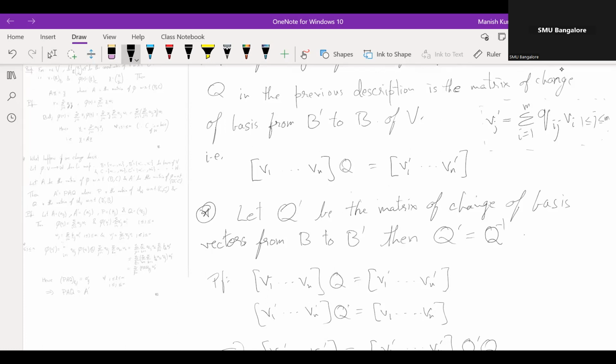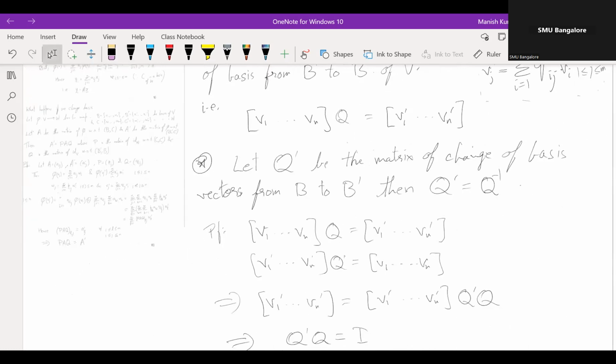If you do the other way, instead of going from B prime to B, you go from B to B prime, then Q prime is actually the inverse of Q. So the change of basis matrix from B to B prime is the inverse of the change of basis matrix from B prime to B, which of course intuitively is clear. Yeah, this is what should happen.